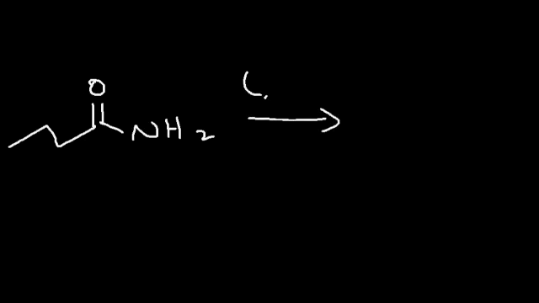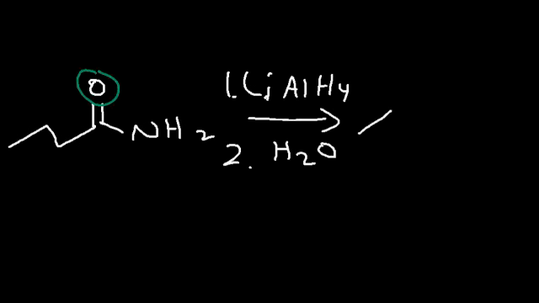So let's say we have an amide, and if we add lithium aluminum hydride in the first step, and in the second step, let's say, water, this oxygen will be replaced with 2 hydrogen atoms.